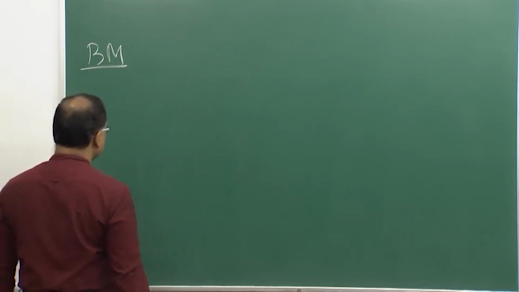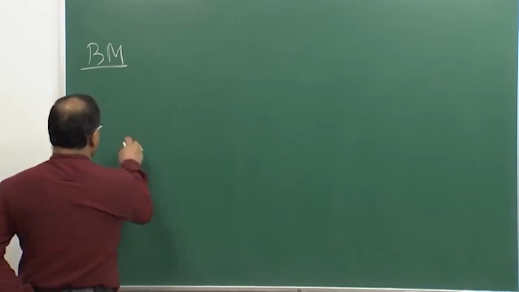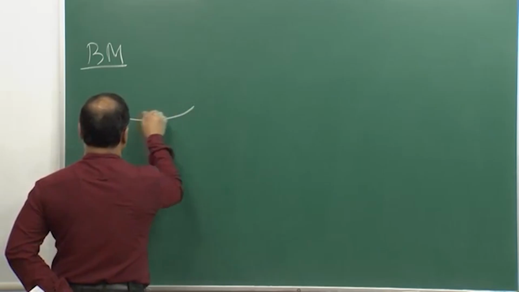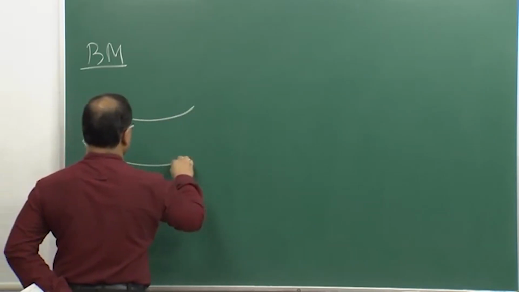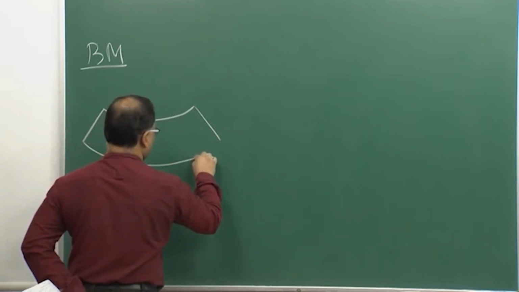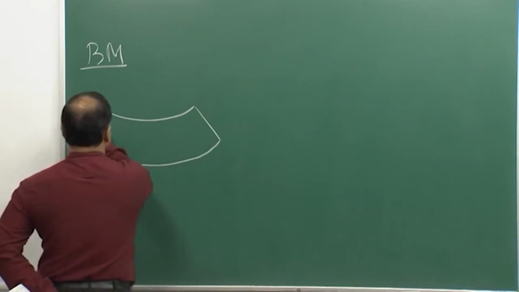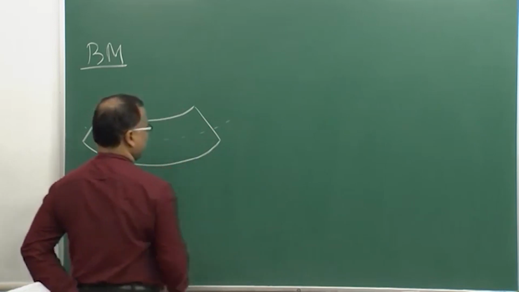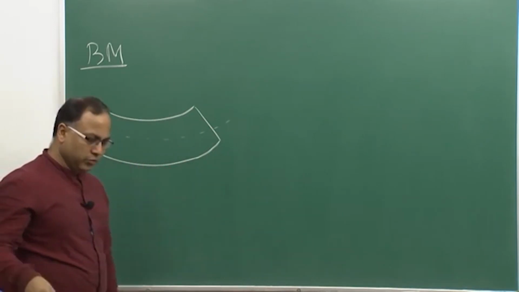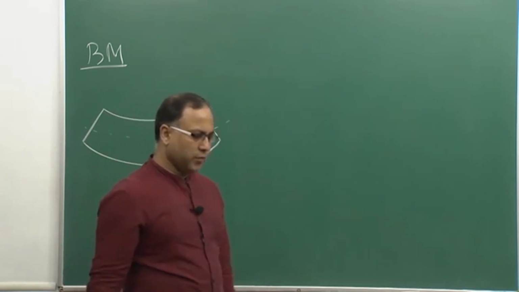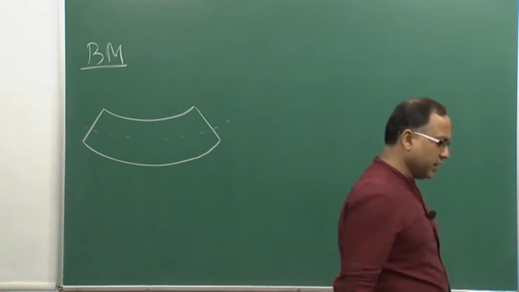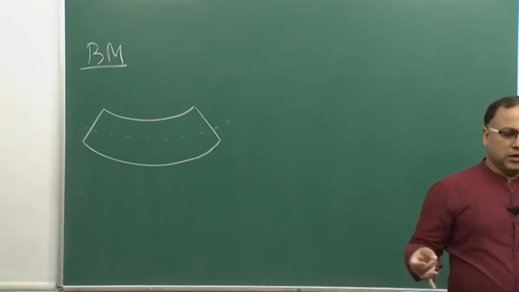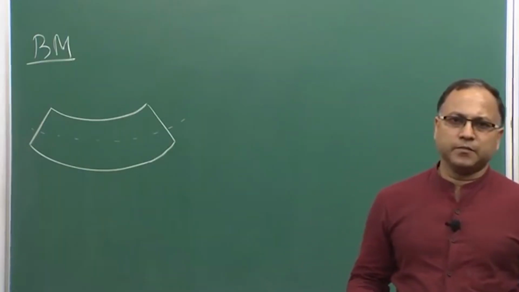Now, if you look at, say, this is my x axis, and this is of course an exaggerated figure. Even you will see later on, when we talk about bending in more detail, you will appreciate that the plane section will remain plane even after bending.